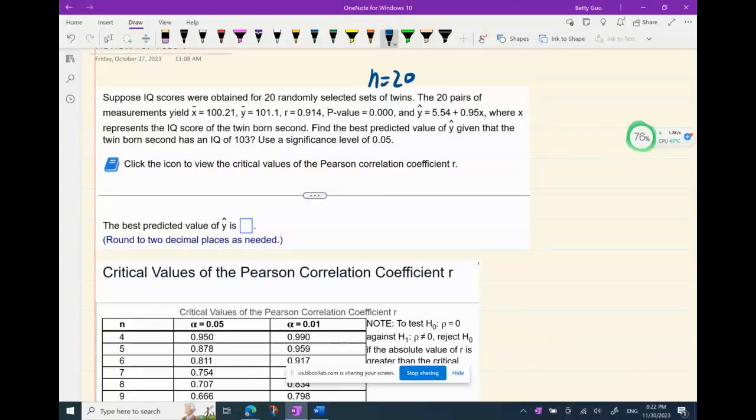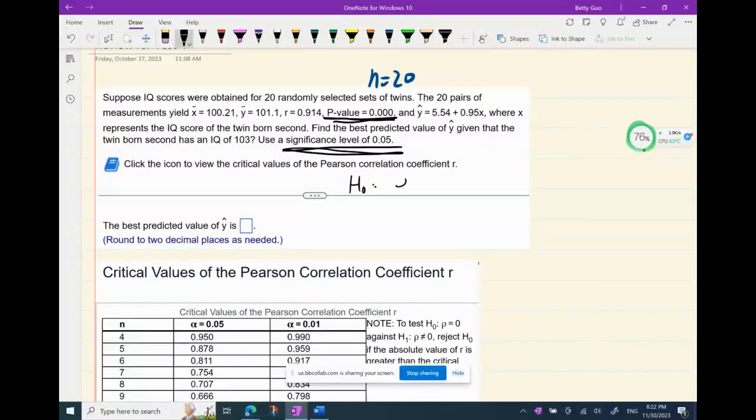Okay. Anyway, we notice that the p-value is so low, right? It's 0. No matter what your significance level is, the p-value is low. If p-value is low, null must go.